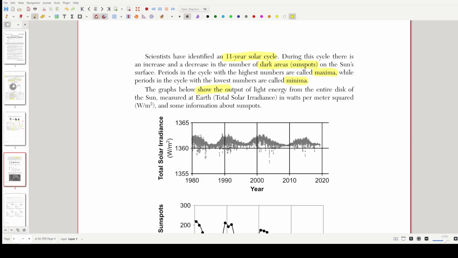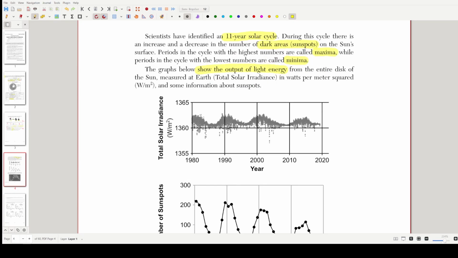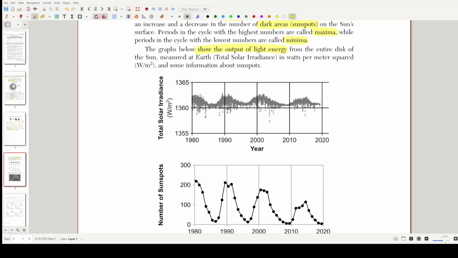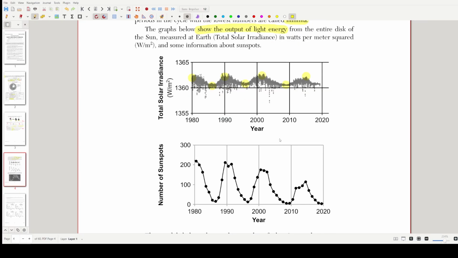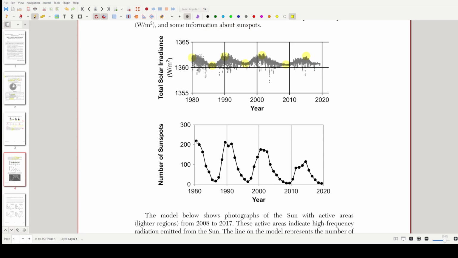Okay, so I just want to say it shows the output of light energy. So it seems like we got maximums here, right there, and the minimums there. They're just things I'm thinking about. I don't even know the questions yet, and it's the same thing here.